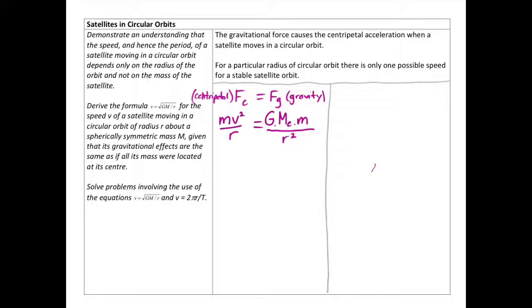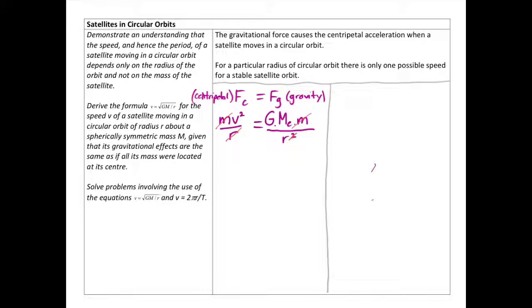We can see immediately that we've got mass on both sides, so the mass is going to cancel out. So the velocity is not going to be dependent on the mass because it's not going to be a term in this equation. We can also see this r here will cancel out one of those r's, because r squared is basically saying r times r. So this is saying r to the power of 1, so we can cross out the squared with one of those r's.